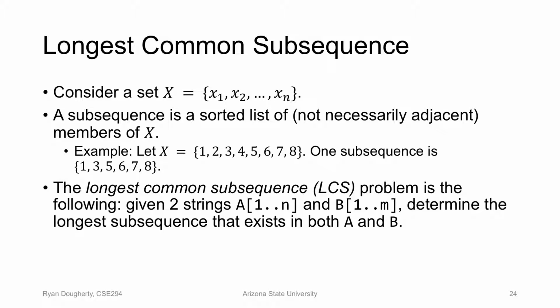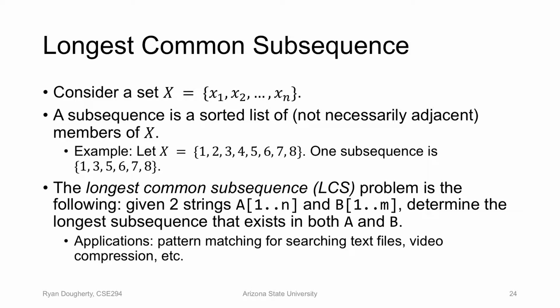So maybe we pick from A the 2nd, 3rd, 5th, and 10th characters, and from B the 1st, 7th, 8th, and 11th characters, or something like that. I want to find the length of the longest subsequence that's in both of them. Okay? So why would I want to know about this?